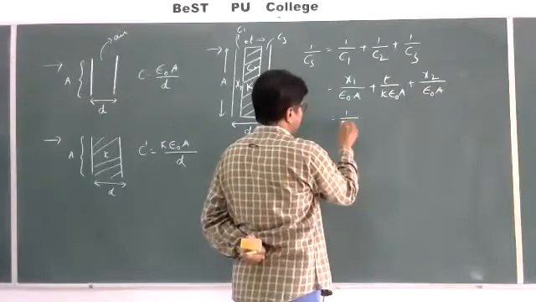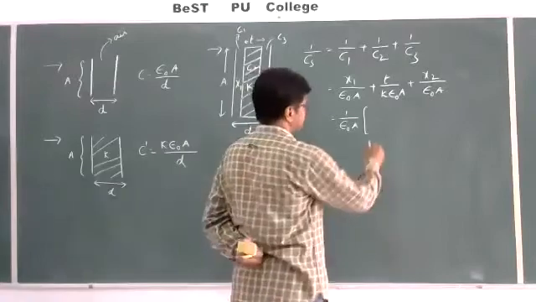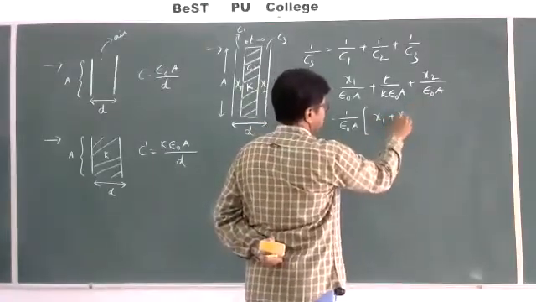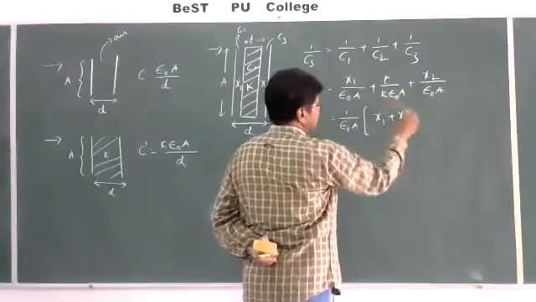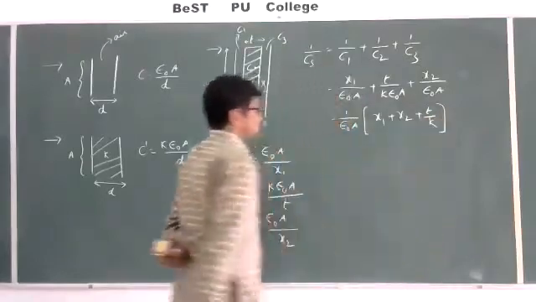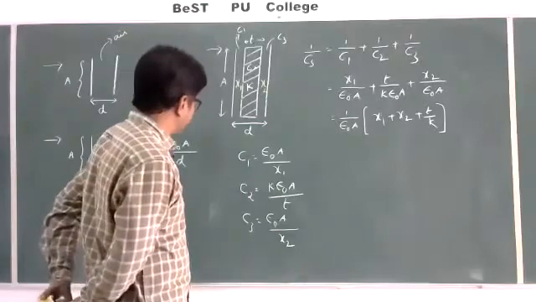So 1 by epsilon naught A, if I take it common, we get x1 here, x2 here, and T by K: x1 plus x2 plus T by K.